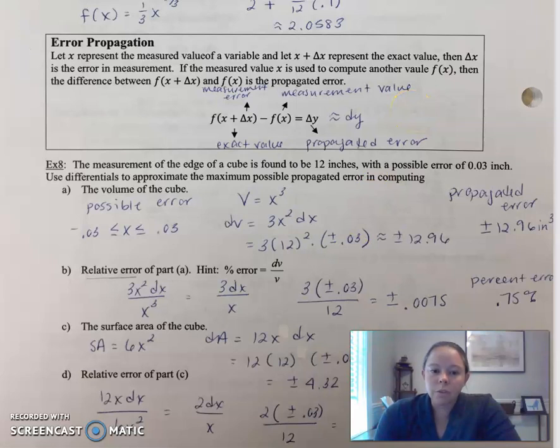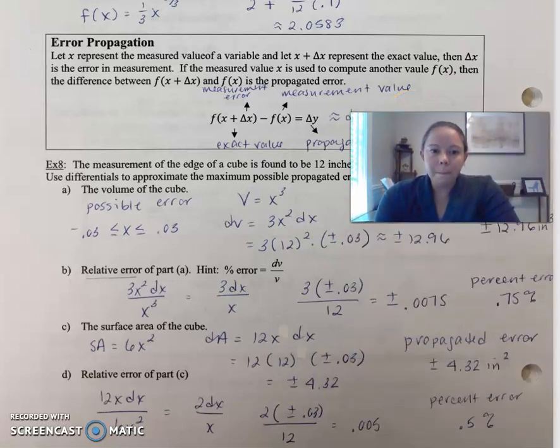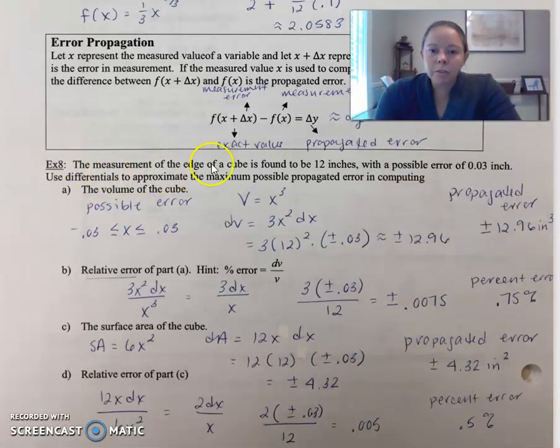Let's read through this little example real quick. The measurement of an edge of a cube is found to be 12 inches with a possible error of 0.03 inch. Use differentials to approximate the maximum possible propagated error in computing the volume of a cube. This is your possible error for each side when you take your measurement.